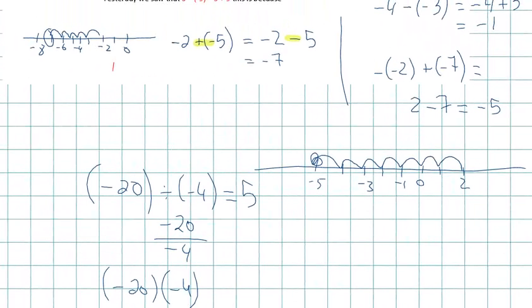The reason why I'm focusing on this right now: you can use a calculator for this, and no problem. It's going to give you the answer if you enter it correctly, right? But the minute that we start introducing letters, you can't put it in the calculator anymore. And this is where you're going to have to use your knowledge of this so you can get to the right answer.